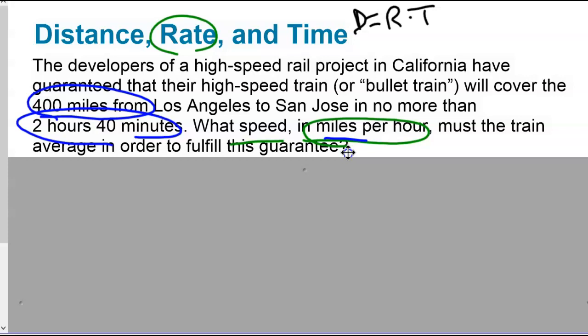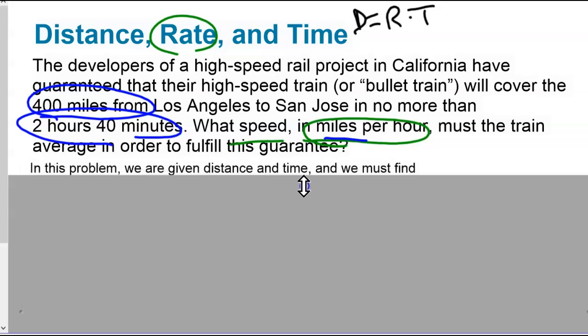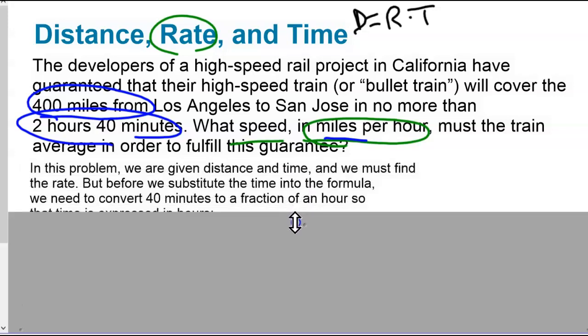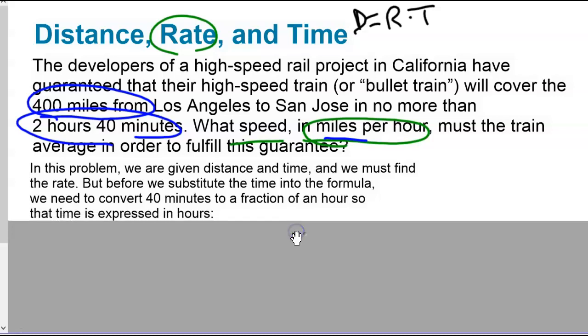Instead of trying to put this into minutes, which can complicate the problem, we're going to put this into a fraction of hours. So we'll look at this as a fraction of an hour, and we know that we have 2 hours and 40 minutes over 60 minutes.